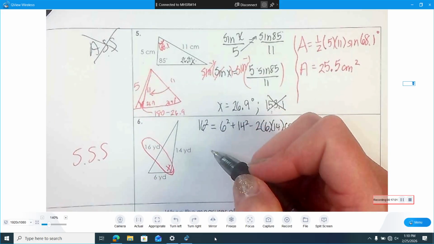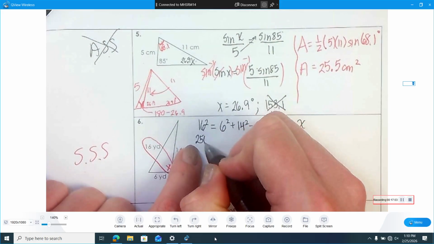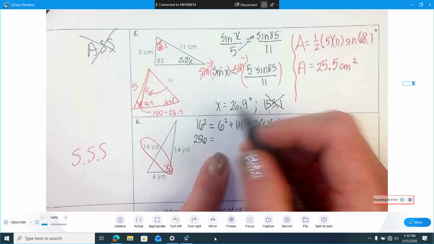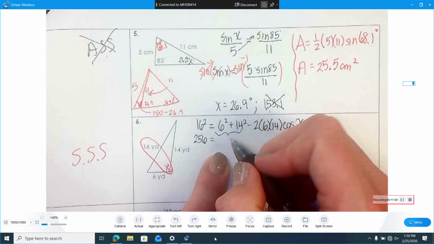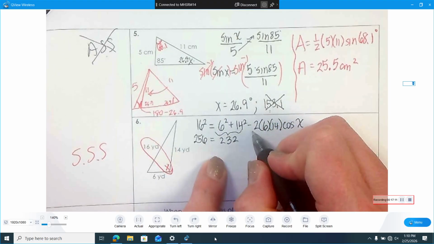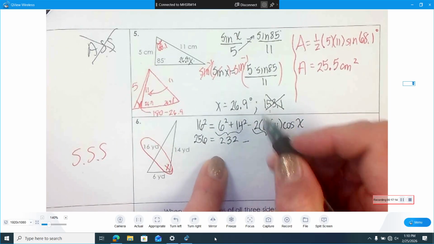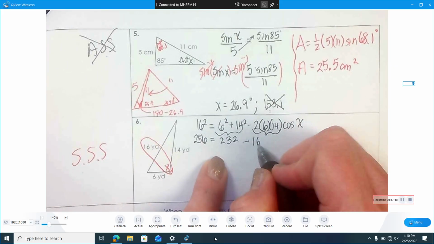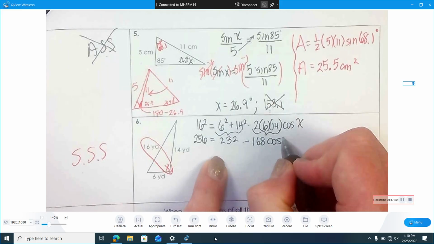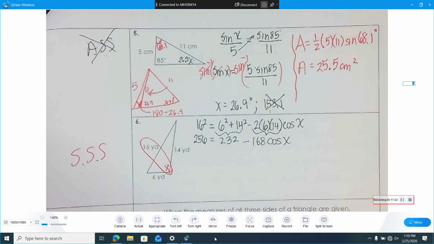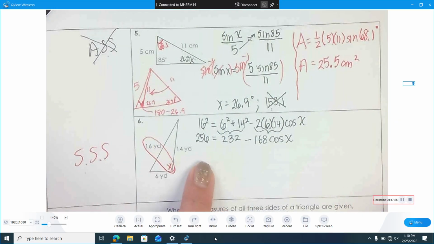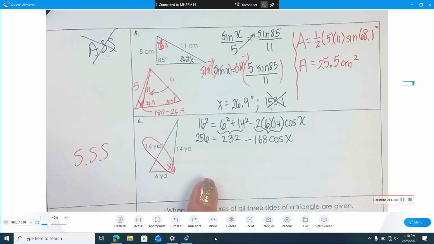Let's see. 16 squared is 256. And then 6 squared plus 14 squared is 232. I can multiply these numbers together. We get minus 2 times 6 times 14 is 168 times the cosine of x. And then what do we need to do? Subtract 232, yes.